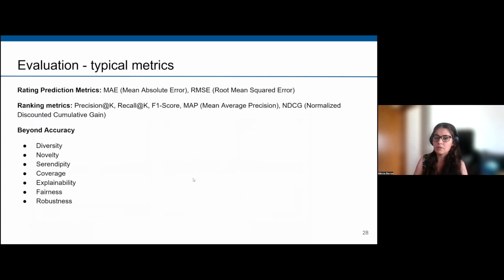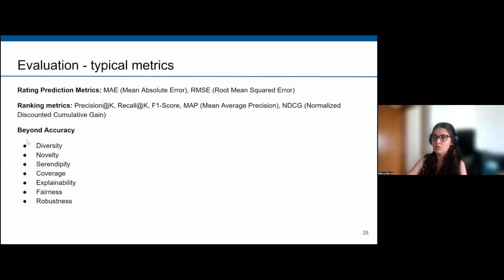The evaluation metrics can be divided mostly into rating prediction metrics. If the algorithm is trying to predict the rating, so for example, if I have a movie recommender system and I try to predict if the user gives a rating between 1 and 5, I can use mean absolute error and root mean square error to see if my predicted rating is closest to the real one.